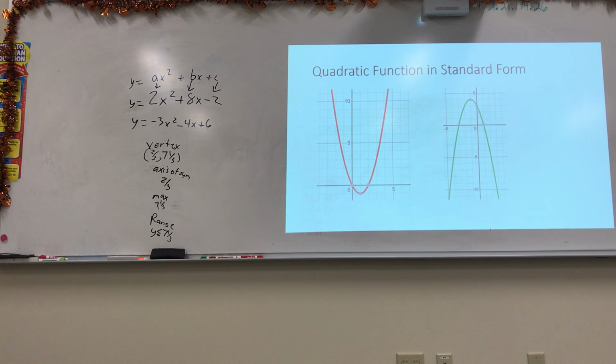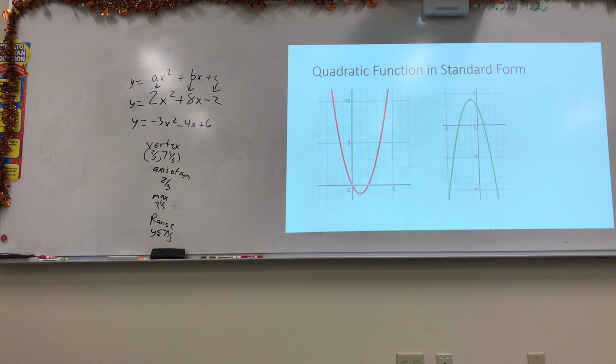The first one here, you can see, is probably going to be a positive one, so you're probably going to have a minimum. You can probably identify what c is going to be, which is going to be negative, or 0, on the first one anyway. Vertex, you can see there.